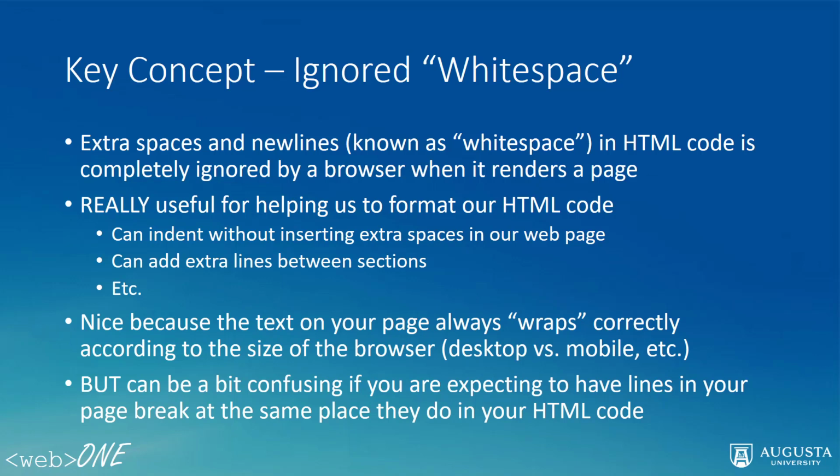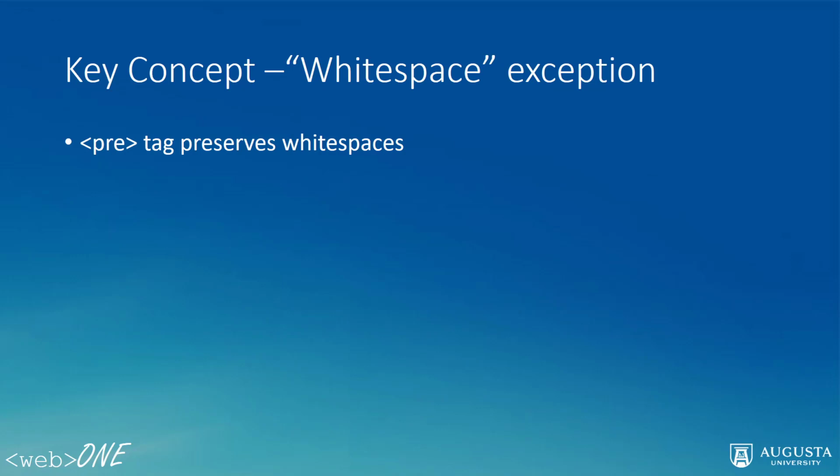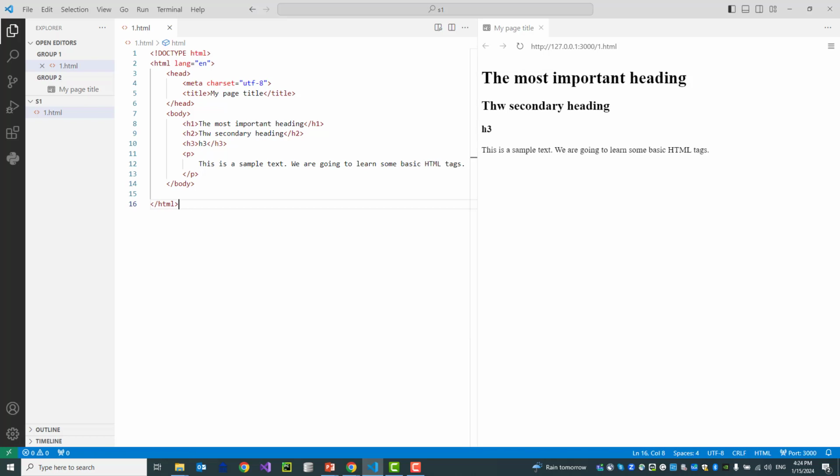To add line breaks or space, we have some special HTML tags. There is one exception to this rule. If you want browsers to respect white spaces as they are in the HTML file, you need to put them inside a pre tag. Let's test what we have said so far.